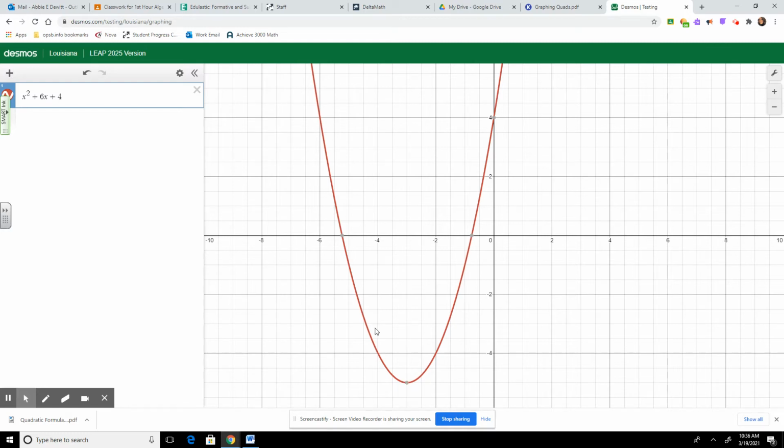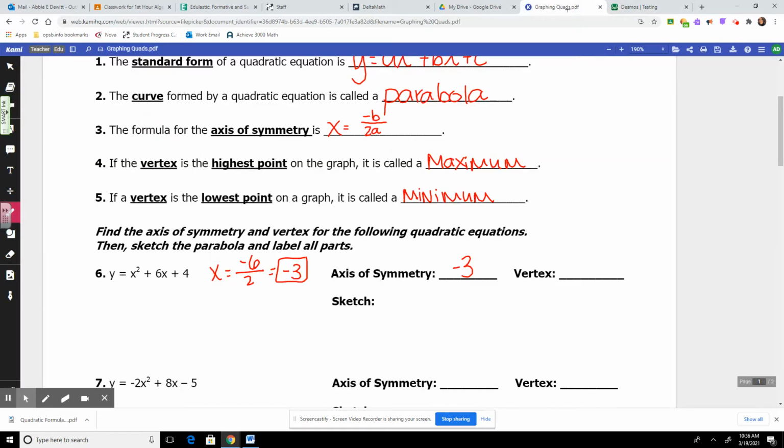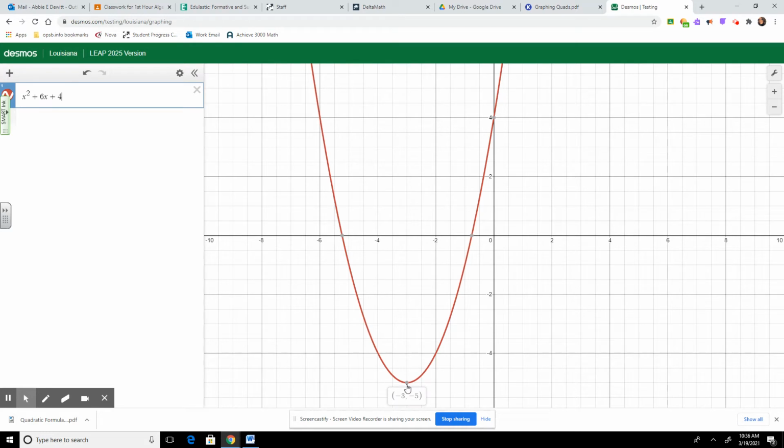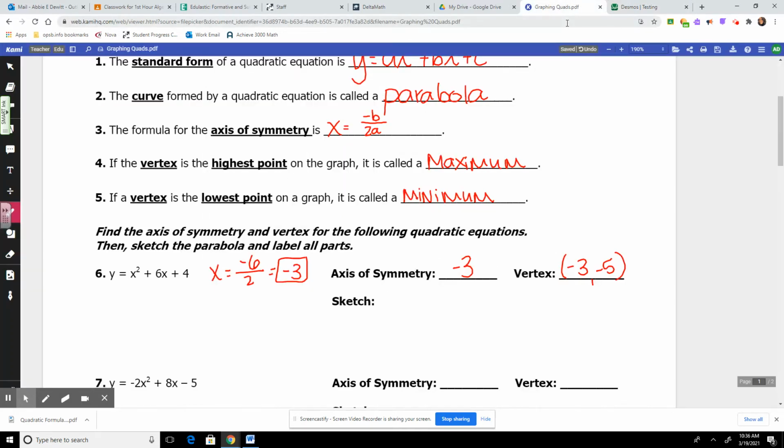It's not a hill in this case, we'll call it a valley. The bottom of your valley is (-3, -5). So the vertex is written as (-3, -5), the very bottom point. And that is called your minimum. So the vertex is a minimum.